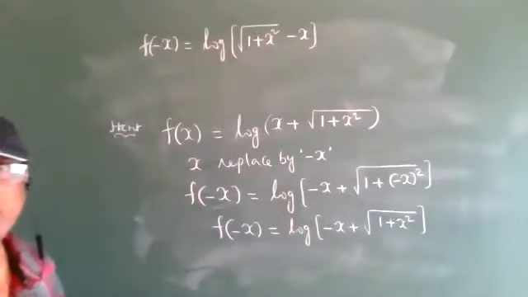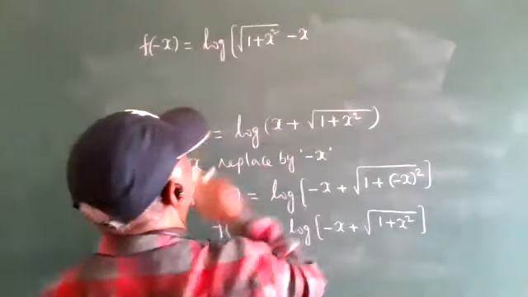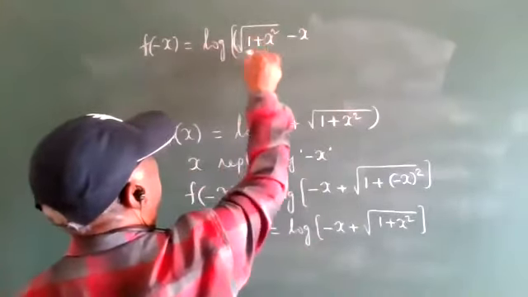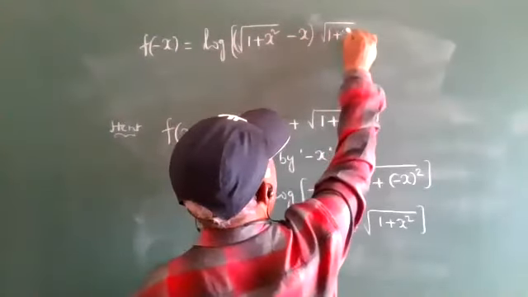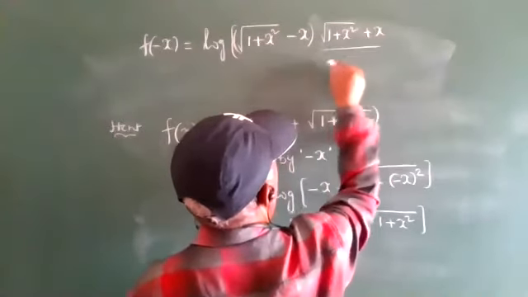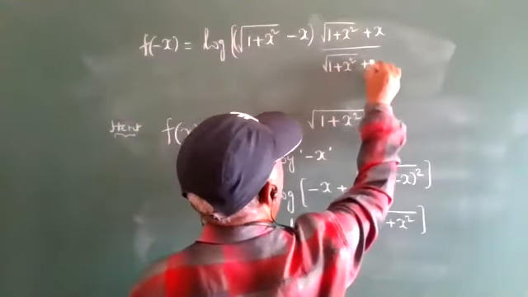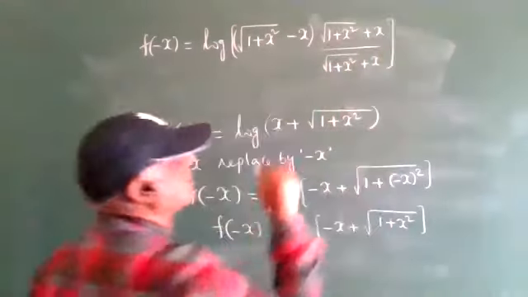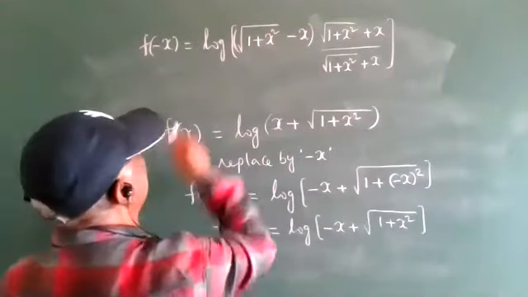Apply the rationalizing for this one. Multiply and divide by root over 1 plus x square plus x. So immediately observe what we are getting.